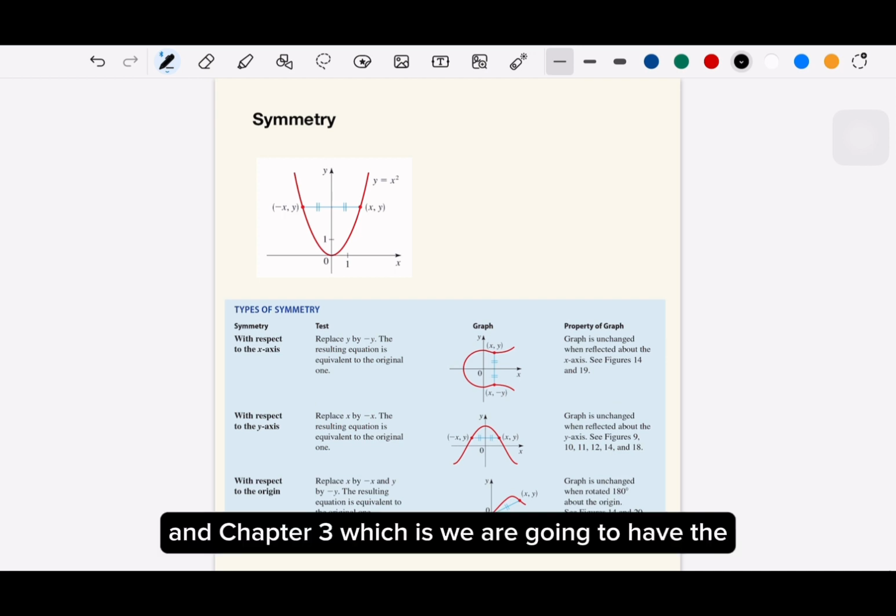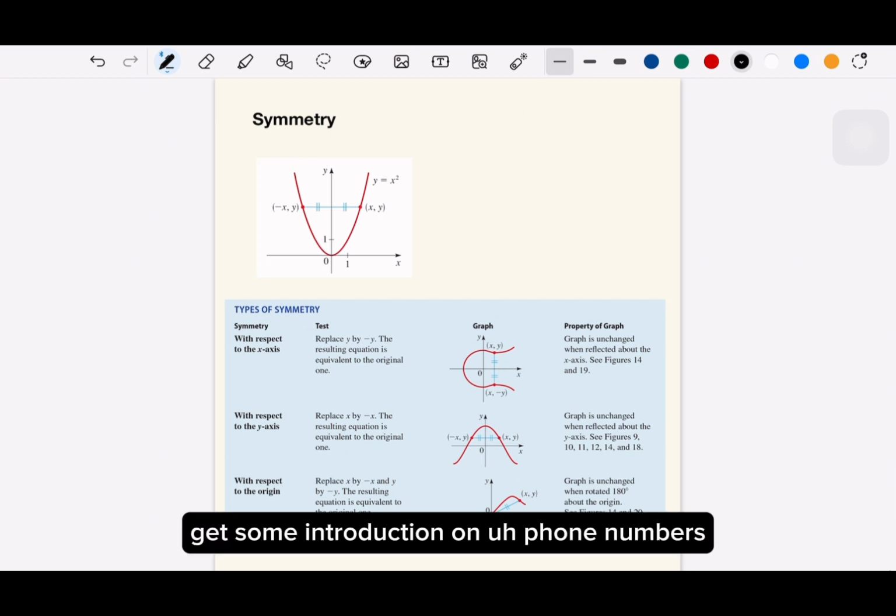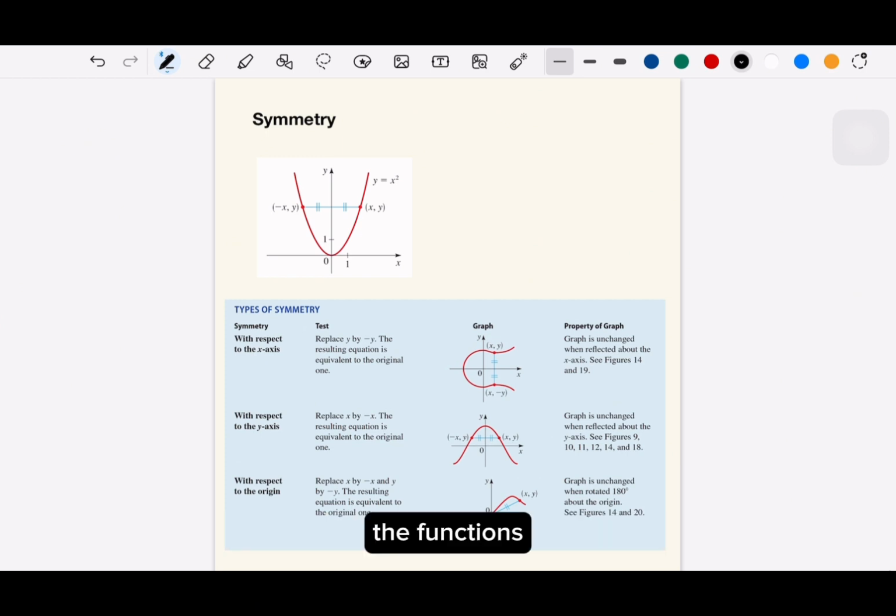And chapter 3, we are going to have the polynomials. So hopefully today I can take most of the review on functions and get some introduction on polynomials. But if not, then maybe focus more on the functions.